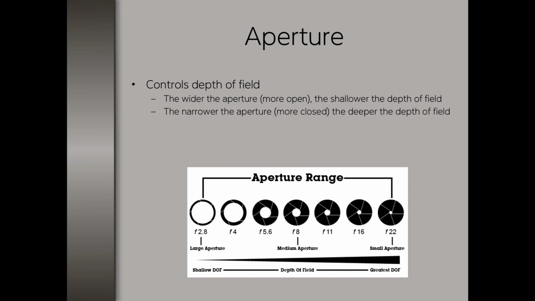And then conversely, the narrower the aperture at f/22, the deeper the depth of field. So more linear feet within your image will be in focus. So the chart down below, it's been expanded. So you can see shallow depth of field at 2.8, greatest depth of field at f/22.